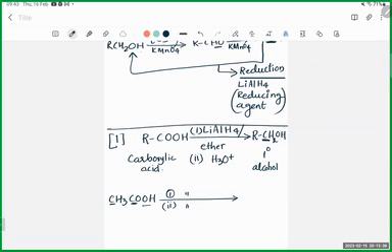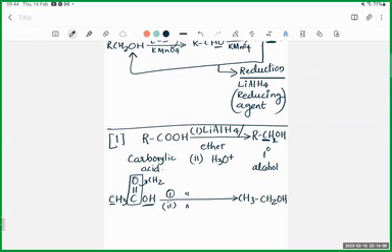If I write it like this, Hridaya, it will be very convenient to understand. Carbon double bond oxygen, this group converts into CH2. So we get CH3, CH2, and the OH. Are you able to understand now?